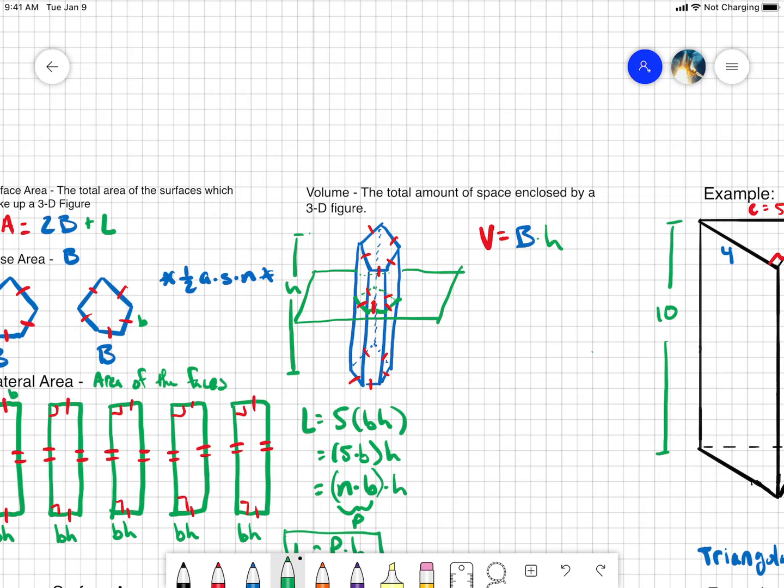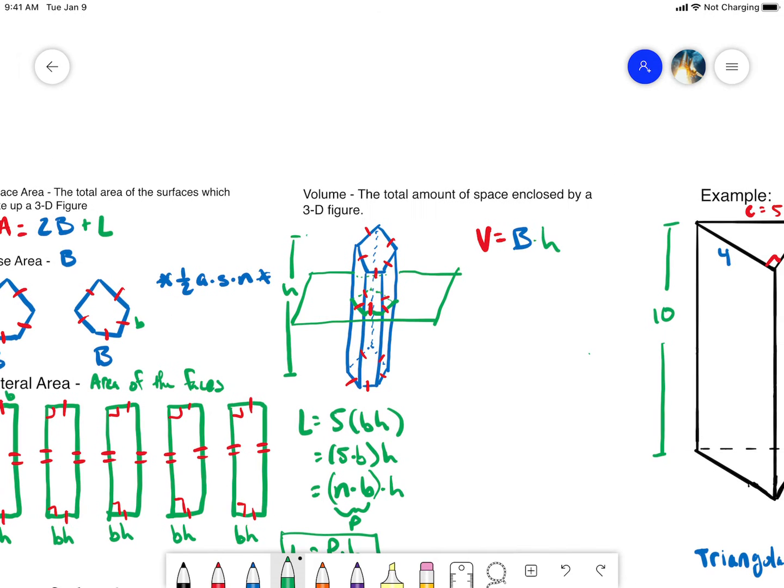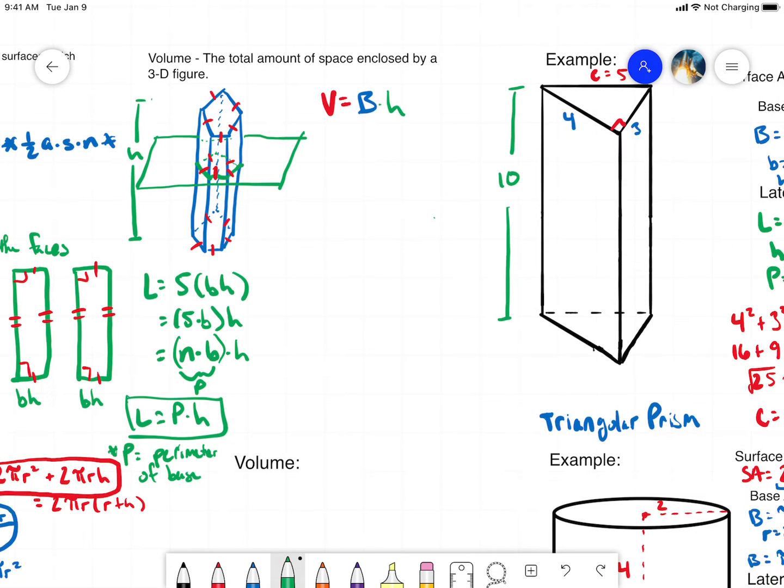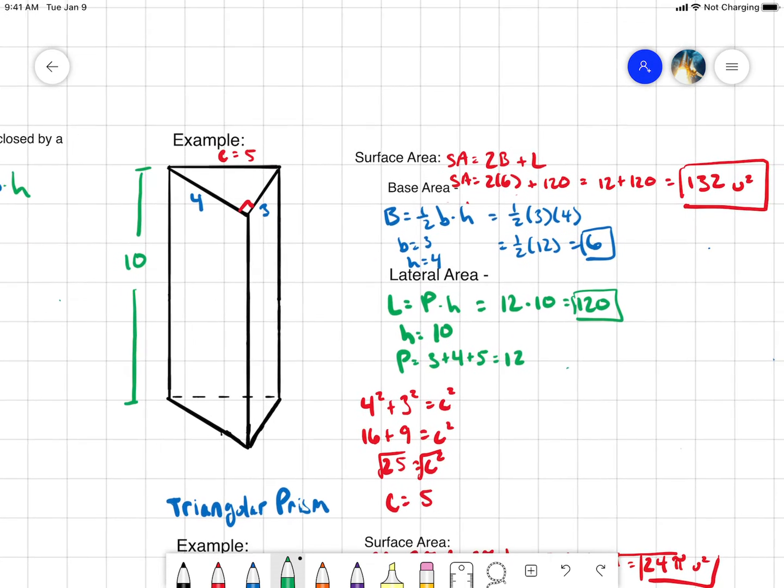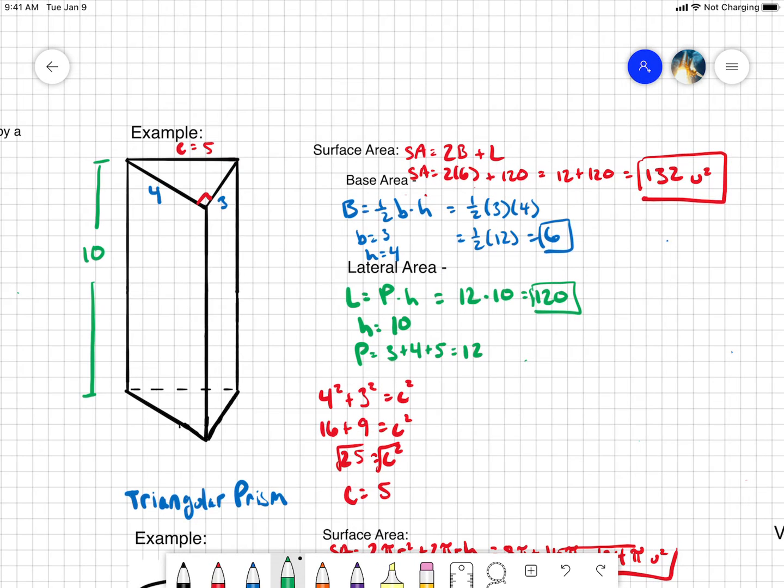So let's kind of apply that to this triangular prism. So if I slice this thing at any given point, I'm going to end up with another right triangle, right?